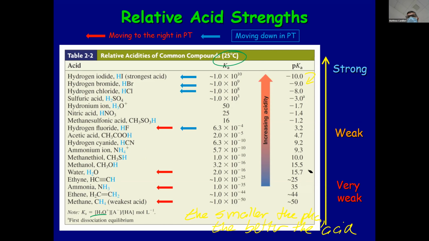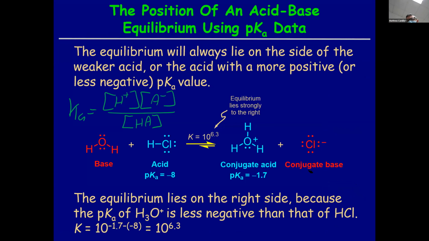Now, we'll stop with the slide. Okay? The equilibrium will always lie on the side of the weaker acid. Okay? The equilibrium will always lie on the side of the weaker acid. So you have two acids.